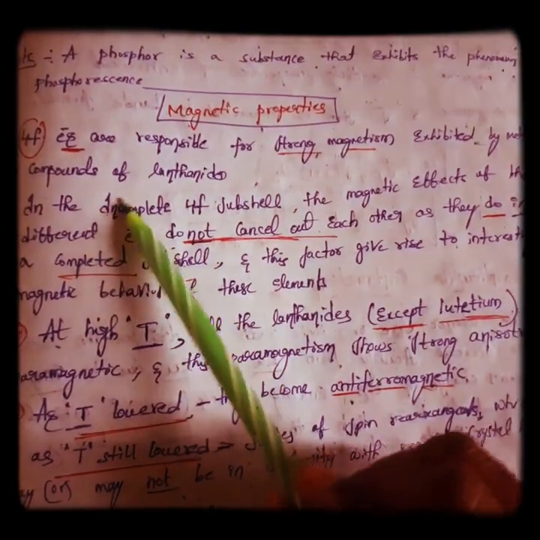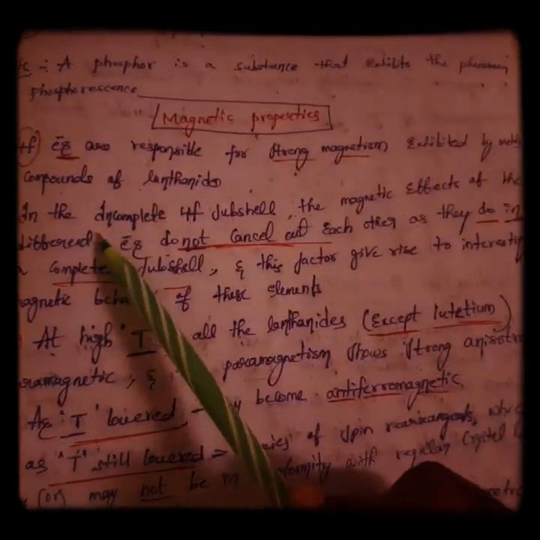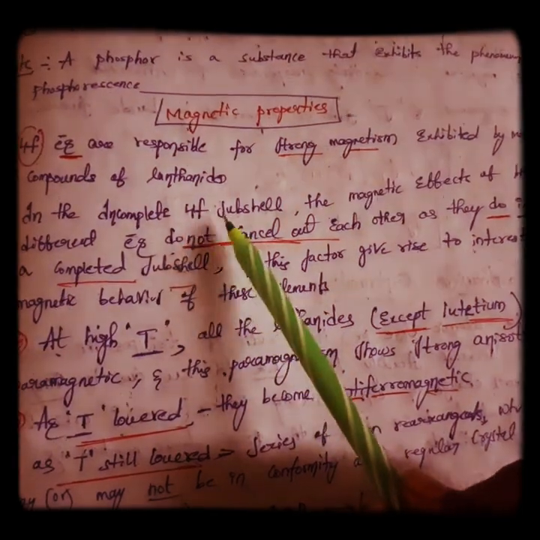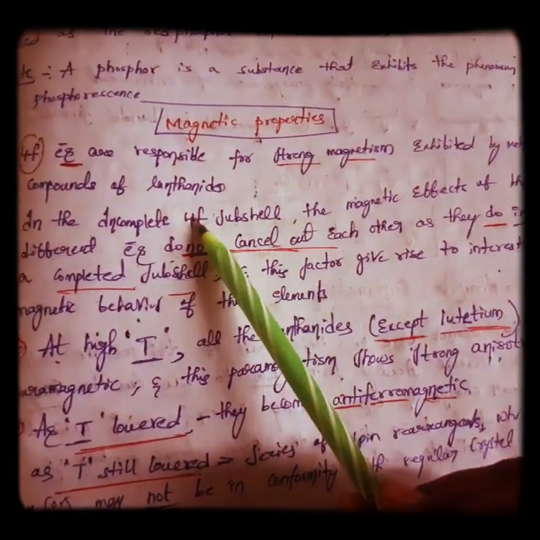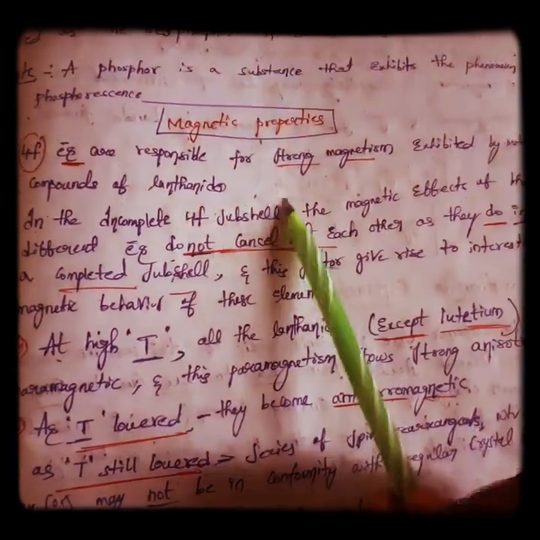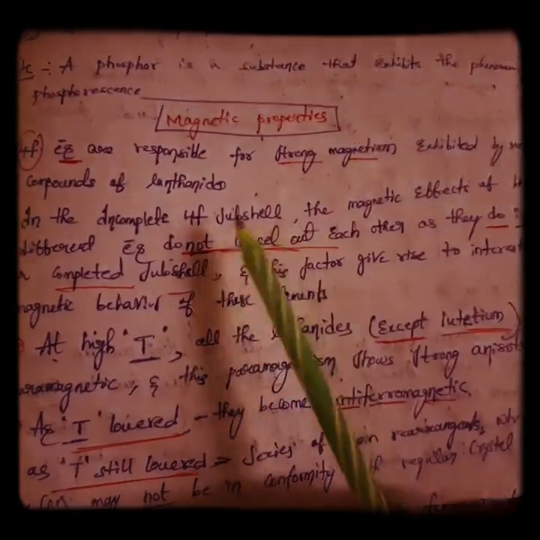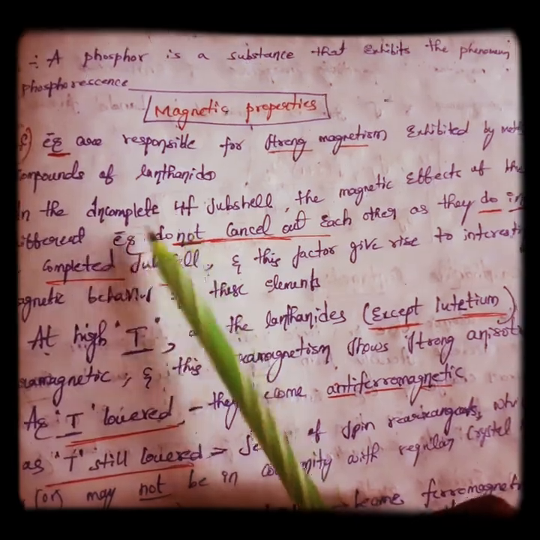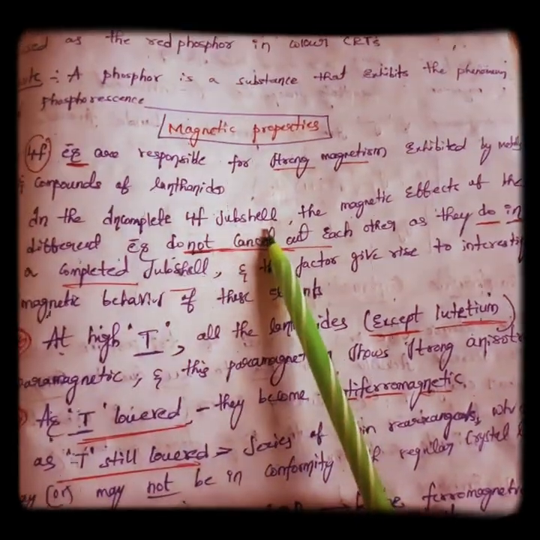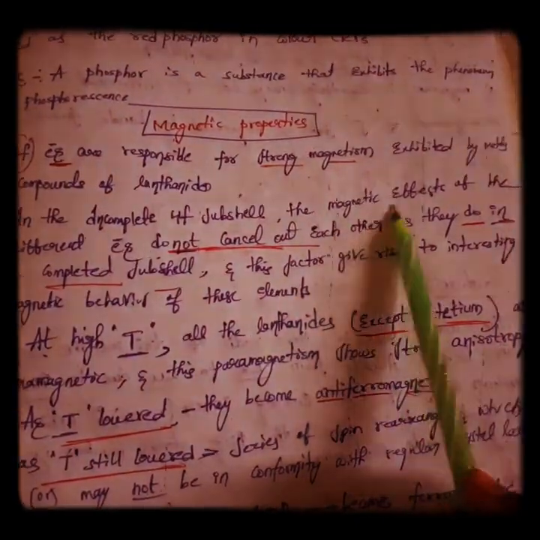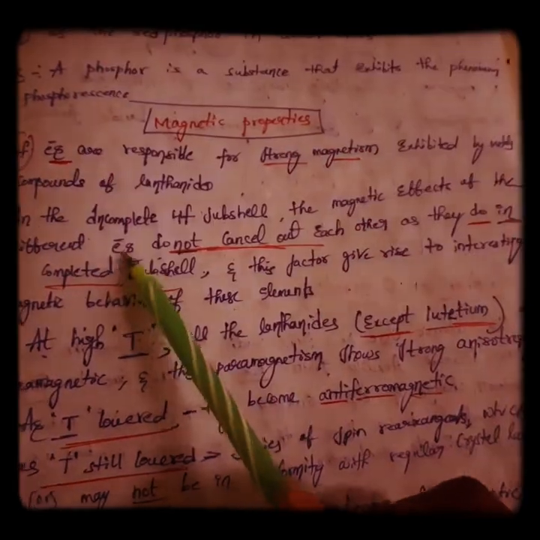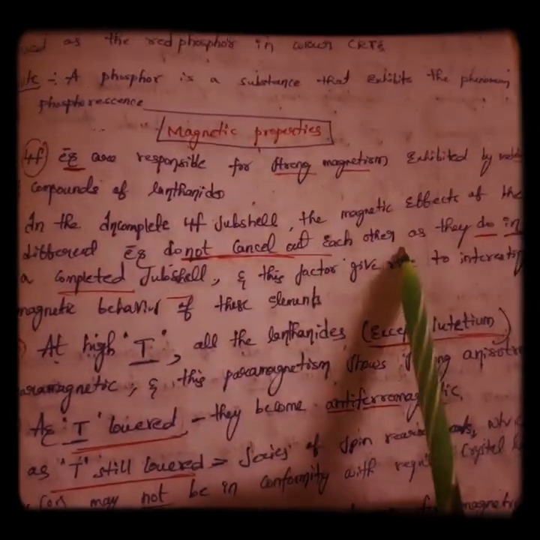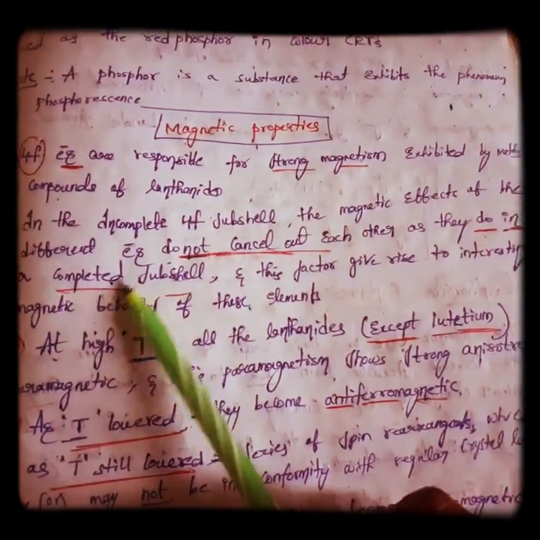Next, second point, and this is also an important point, friends. In the incomplete 4f subshell, the magnetic effects of the different electrons do not cancel out each other as they do in a complete subshell.